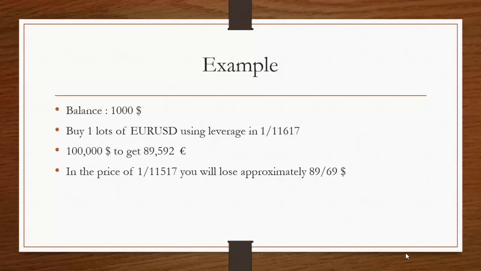And the point is that this price change can happen in only 5 minutes. This means that you have lost 10% of your money in only 5 minutes. And if you close this position, your final balance would be $90.31.